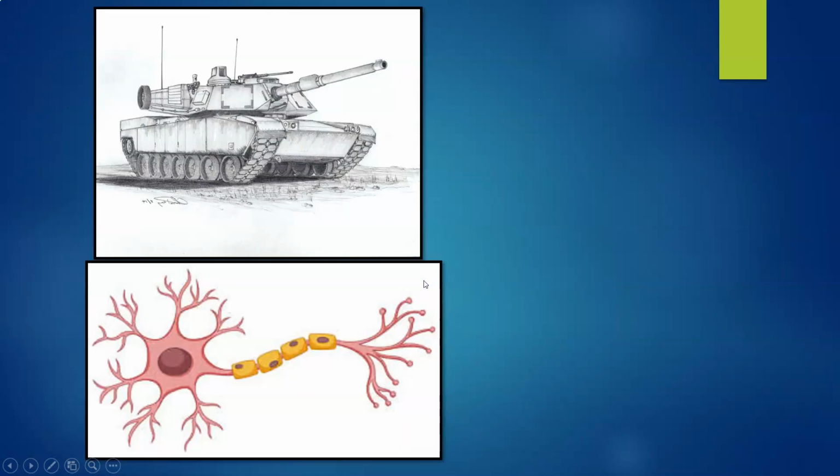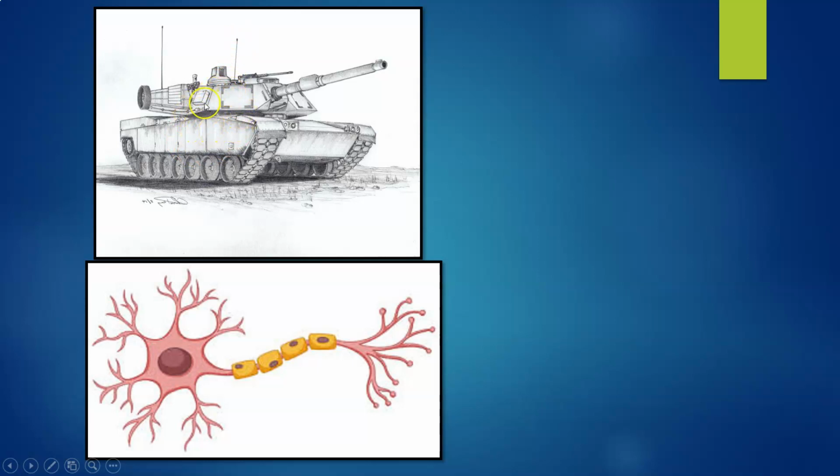But before we do, I wanted to show you this picture. Here's a picture of a neuron. But above the picture of the neuron, I have a tank that the Army would use. I compare a neuron in some ways to a tank. A tank has two antennas to receive information. The information is then sent into the body of the tank, where the soldiers are.